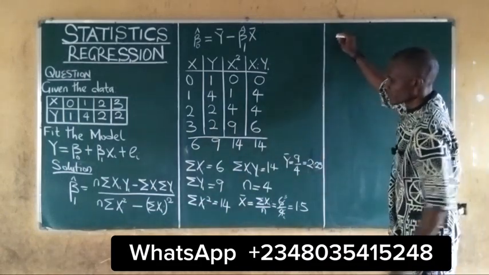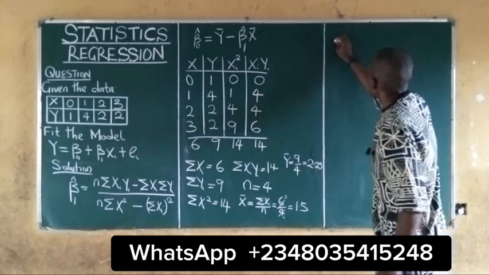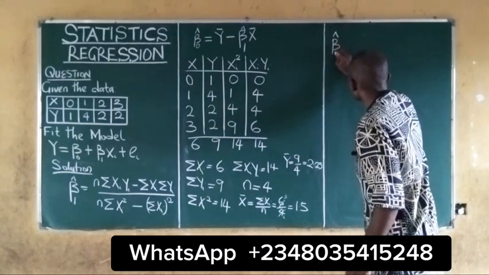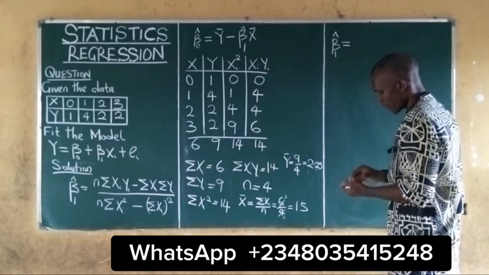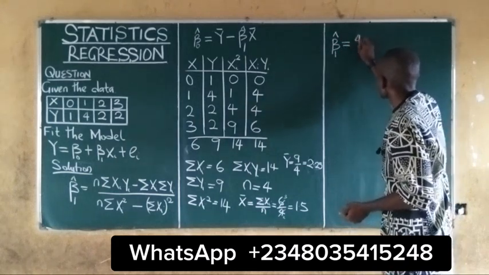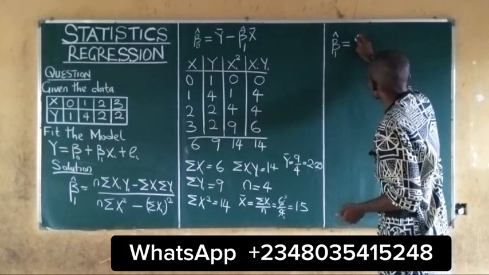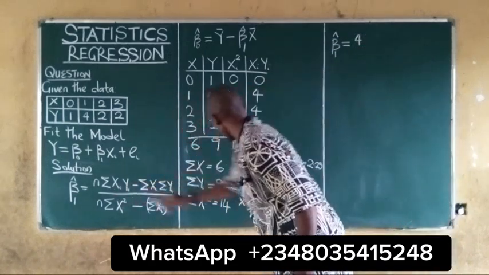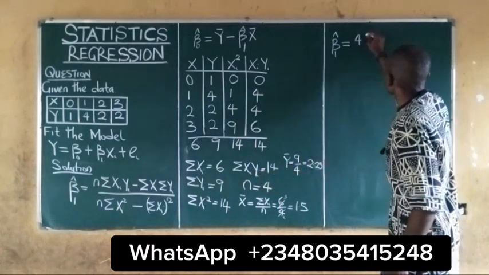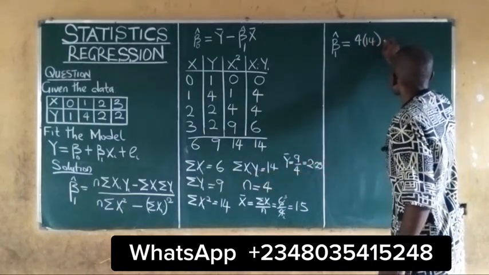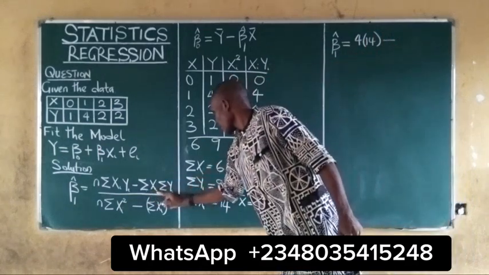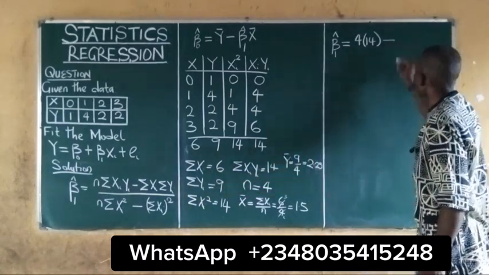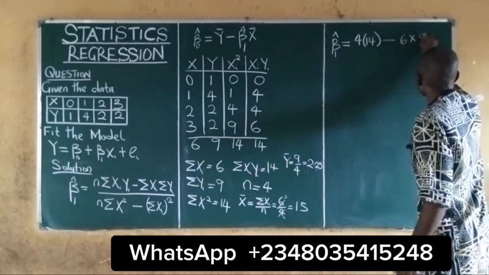We come over to this place to calculate our B1. Our B1 estimate will be equal to n, and we have n as 4, multiplied by summation of xi yi, which is 14, minus summation of xi multiplied by summation of yi, which is 6 multiplied by 9.